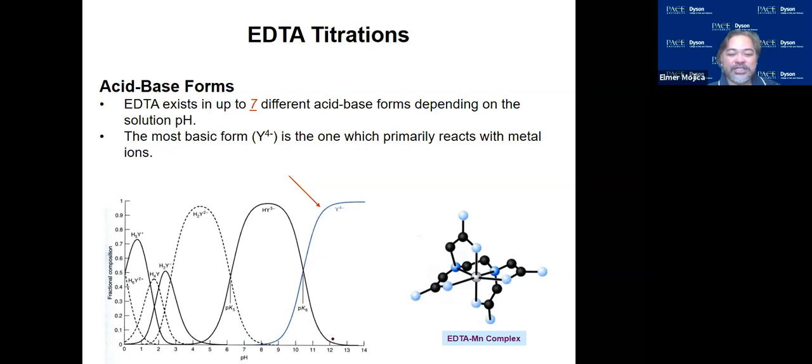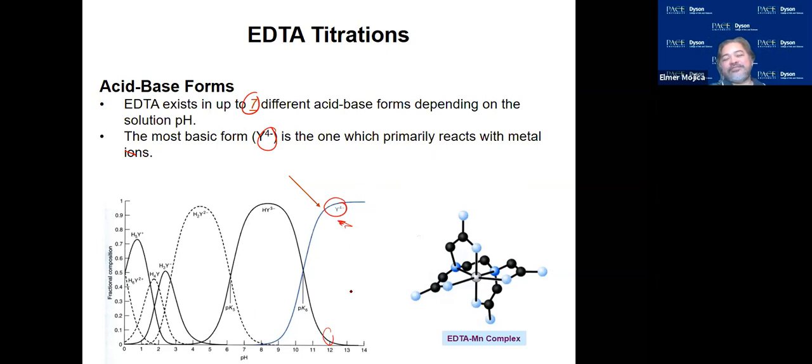At higher pH, you only have 2 forms: this one, which is dominating, and this one, which is decreasing. Since you have 6 pKa, you have 7 acid-base forms. And the most basic form is the one which primarily reacts with the ion.